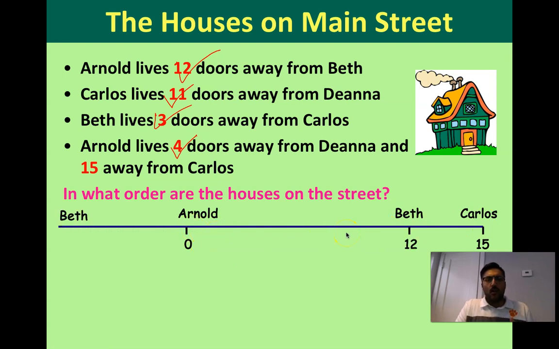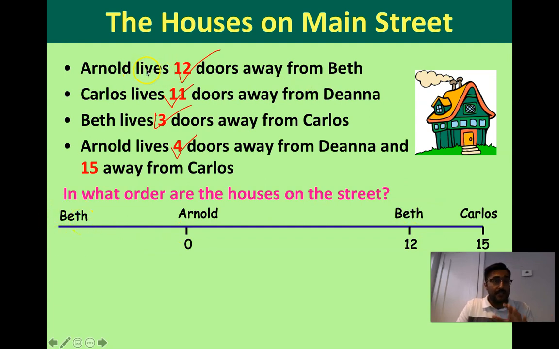And so I have options, obviously, because some of you astutely might have drawn Beth over to the left. You could have said, okay, well, Arnold lives 12 doors away from Beth. Why did I have to draw Beth to the right of Arnold when I could have drawn Beth to the left of Arnold? Well, you'd be correct.